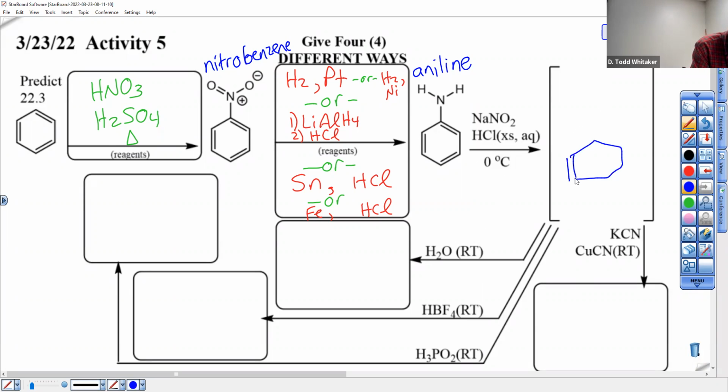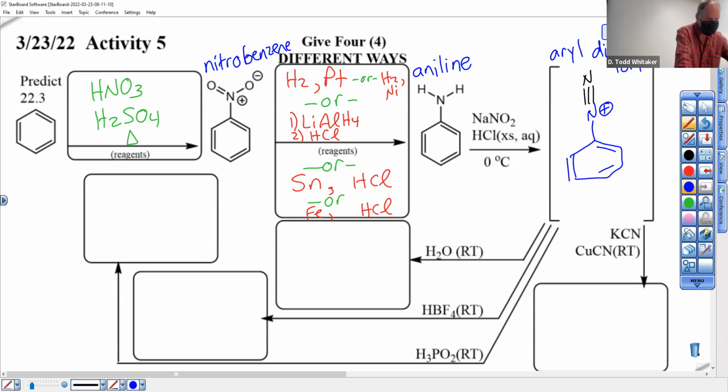You get this species that has your original nitrogen and the new nitrogen. It's called an aryl diazonium ion.